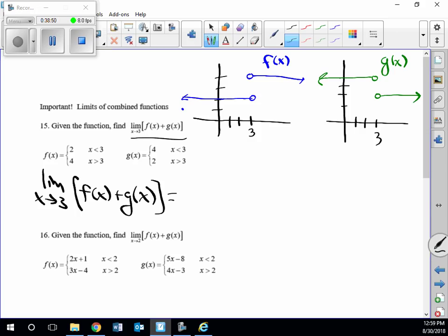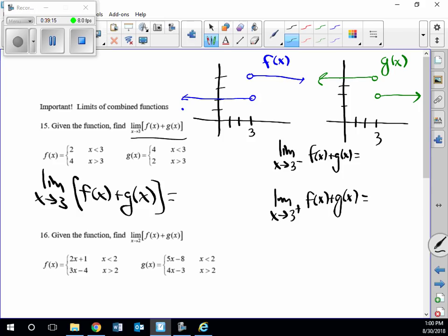So now, in order to consider this, I have to do two one-sided limits. So I have to look at the limit as x goes to 3 from the left of f plus g, and the limit as x goes to 3 from the right of f plus g. Now I'm viewing f plus g as a whole function together. They're joined. So I'm kind of putting them together.